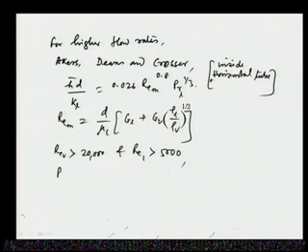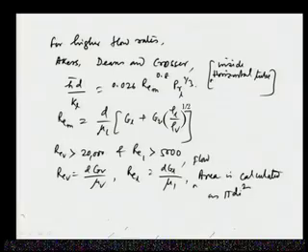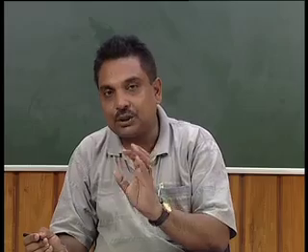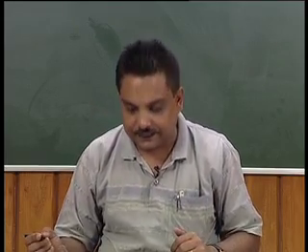ReV is dGV by mu V, and ReL is dGL by mu L, and GV and GL are mass velocities of the vapor and the liquid, and area is the flow area, calculated as pi di square by 4. So, the portion which is being occupied by the liquid is not taken into consideration under these situations.